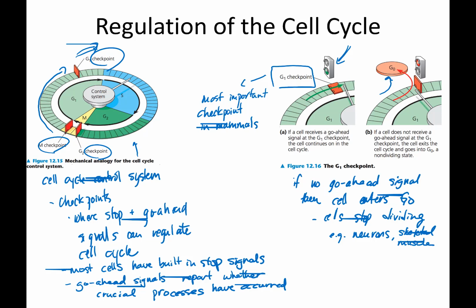Those are permanent cells entering into G0. But some can actually be called out of G0, like liver cells. They can be in a quiescent state until some sort of signal gets them to start dividing again. And because this checkpoint is so crucial, it's called a restriction point.